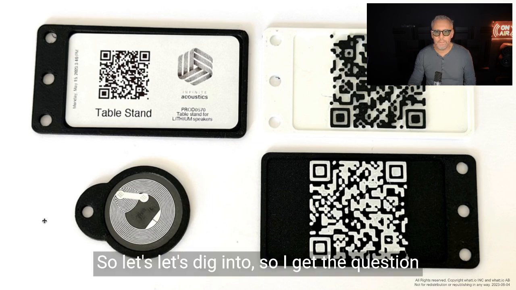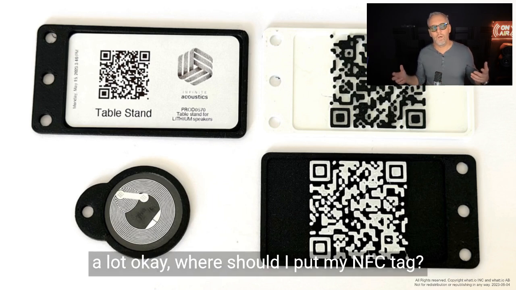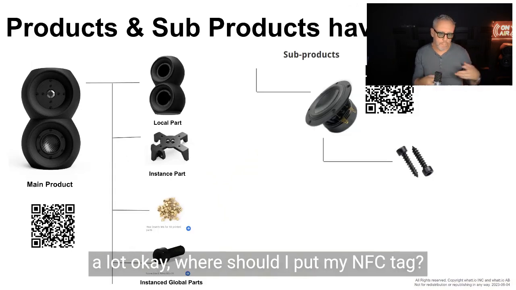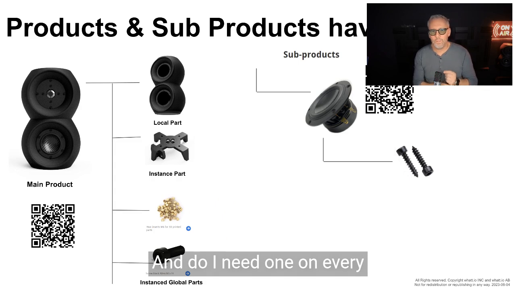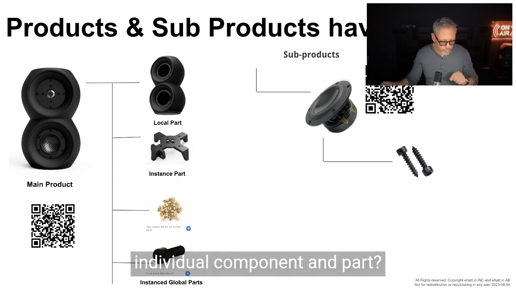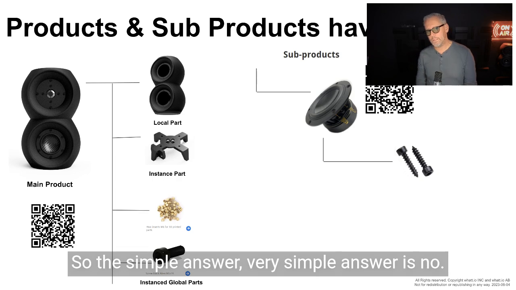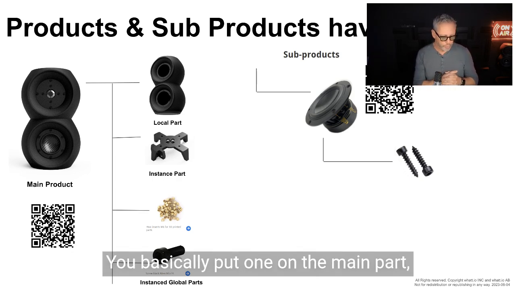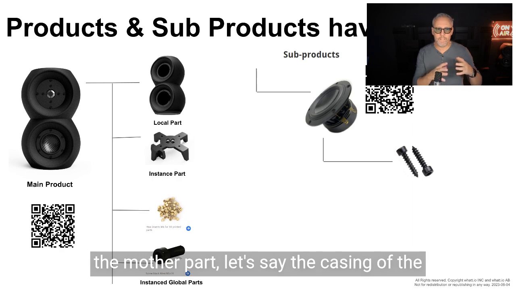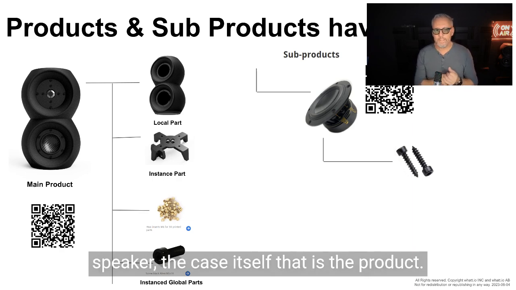So let's dig in. I get the question a lot: where should I put my NFC tag, and do I need one on every individual component and part, and how does that work? The very simple answer is no. You put one on the main part, the mother part, let's say the casing of this speaker, the case itself, that is the product.